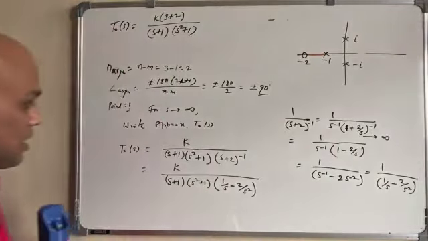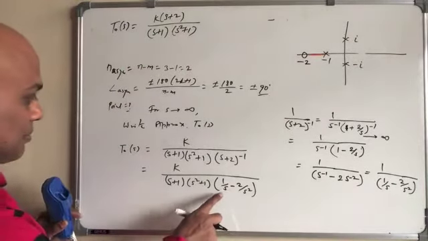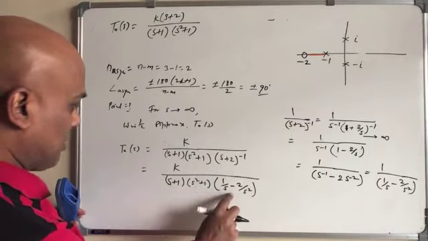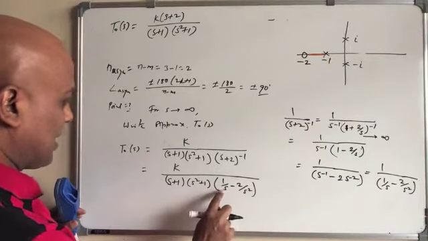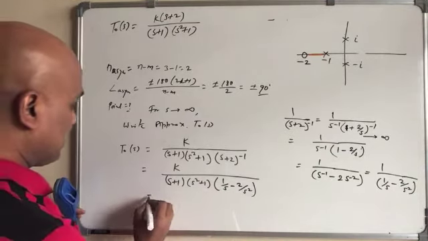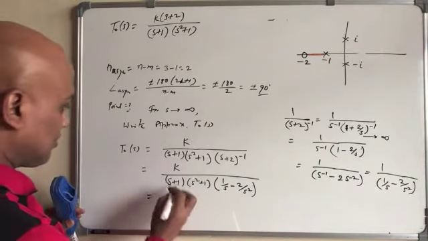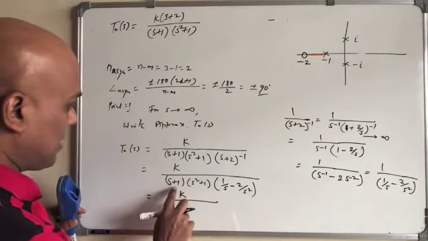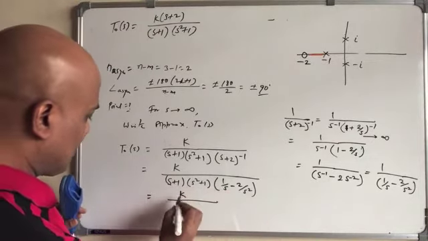Okay, so now we get 1 over s, which is common. So simply we can write like this: k, and then we have 1.